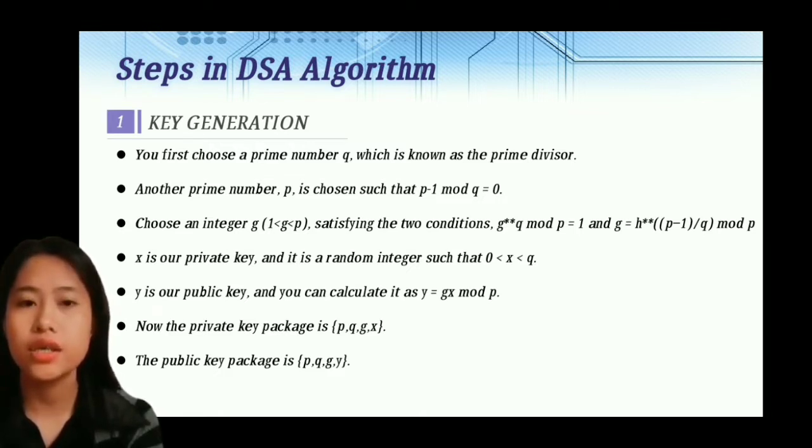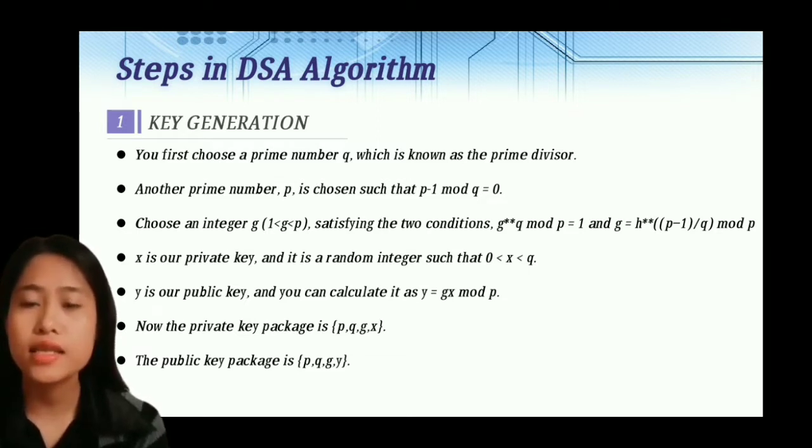Key generation. You first choose a prime number q, which is known as the prime divisor. Another prime p is chosen such that (p-1) mod q equals 0. Then choose an integer g, 1 less than g less than p, satisfying the two conditions: g^q mod p equals 1 and g equals h raised to (p-1)/q mod p.